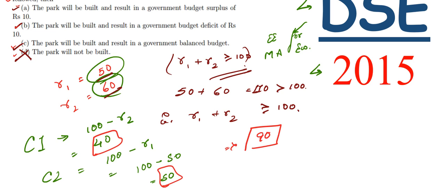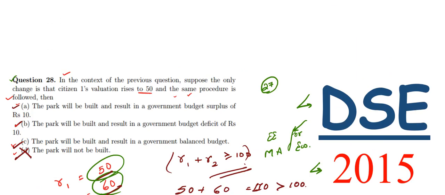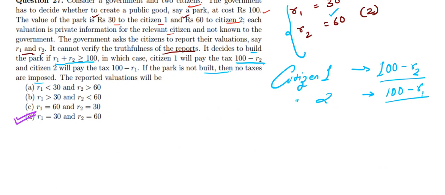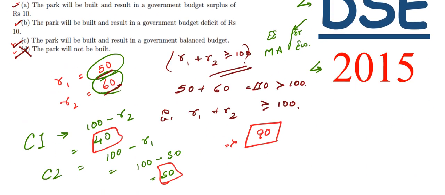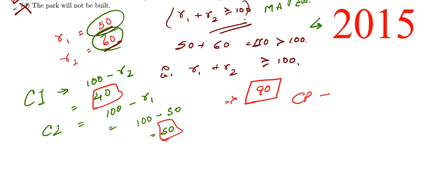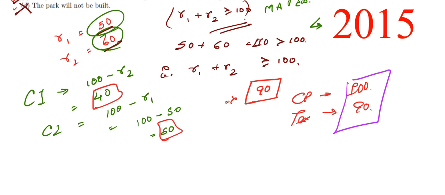So the tax paid by both the citizens is rupees 90, and you must remember the cost of the park was rupees 100 for the government. The cost of the park is rupees 100, the tax obtained is rupees 90. So you can see the government has a deficit of rupees 10.